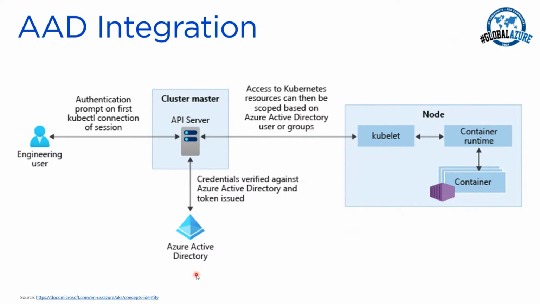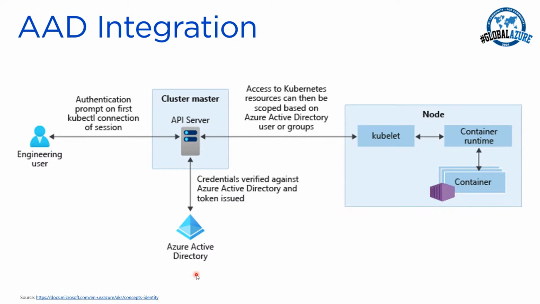Okay, so then let's have a quick look at the AAD integration. I just have seen a question from the YouTube chat from Olaf. What is the minimum number of AKS nodes necessary for running containers highly available? Yeah, so the thing is, it's at least 2, because if one node fails, you need to be able to route the traffic to the other one.